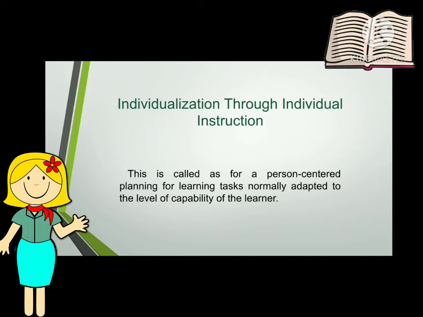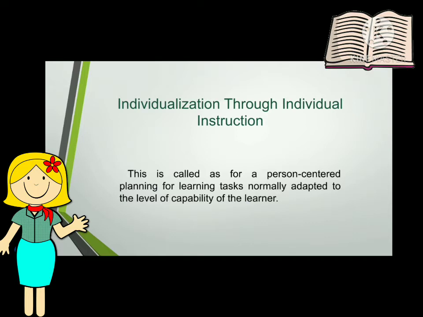So in some instances, individual instruction is done through self-learning kits to be accomplished by the learners but supplemented by a scheduled one-on-one encounter with the teacher facilitator to check on the progress of the work activity. Now, the remedial instruction given to low-performing learners outside of class hours may also fall under individual instruction.